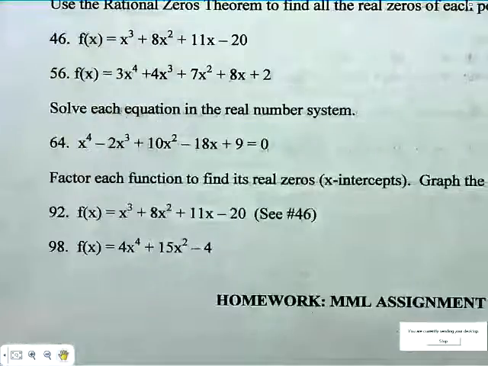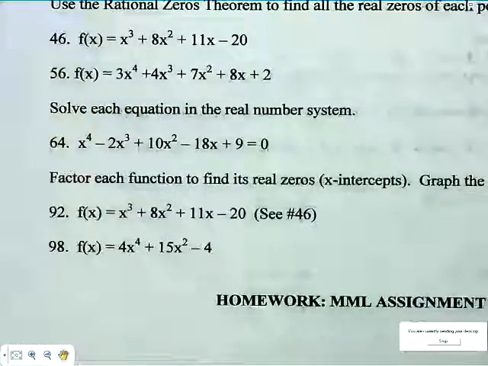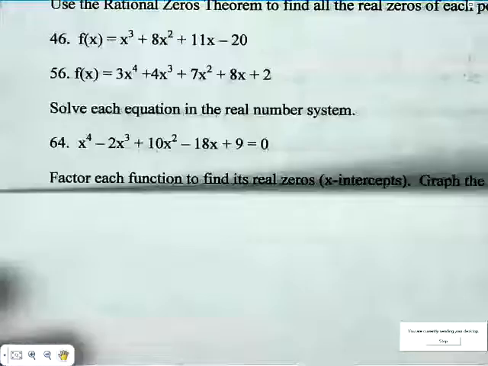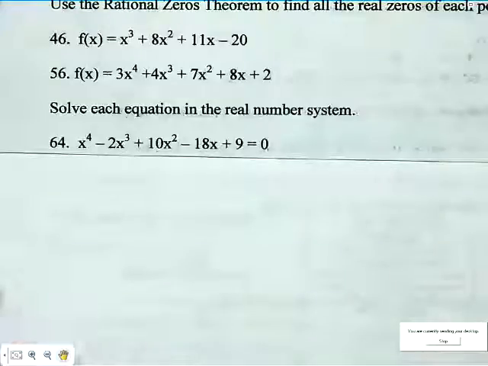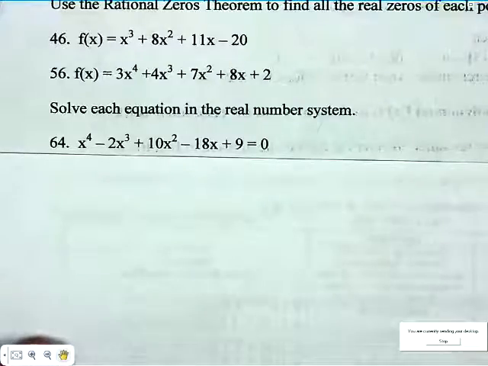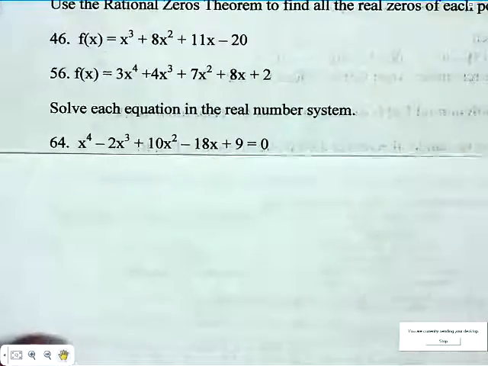The most common mistake on this problem on the test is leaving it blank. And I kind of see why. If you forget that the possible rational zeros theorem allows you to find the first solution and then you could find the others by synthetic division, I don't have any other way of solving that equation.